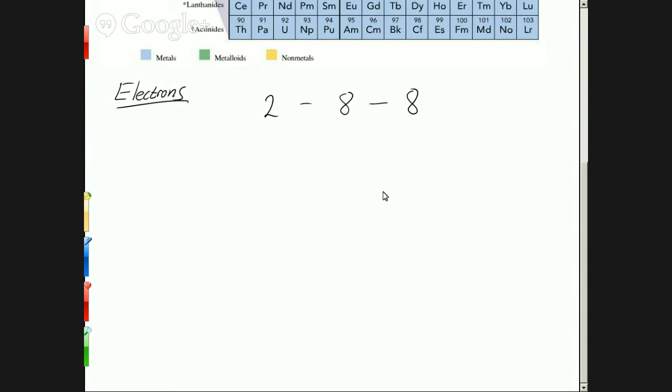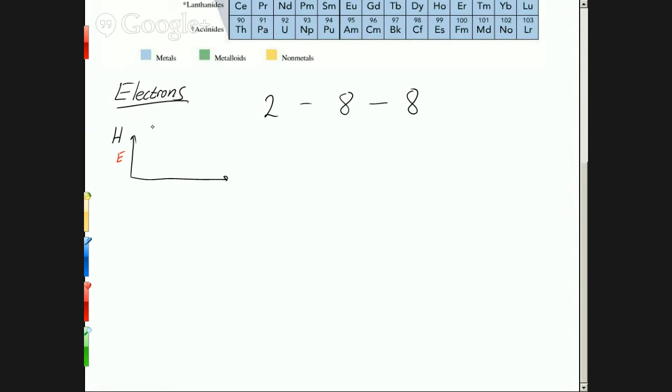So we care mostly about the electrons that are furthest away from the nucleus, that aren't being held quite as tightly. And to find that, we use these numbers. So if we start with hydrogen, we're going to draw a little graph where we've got energy on the y-axis.